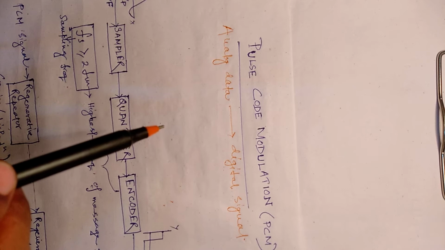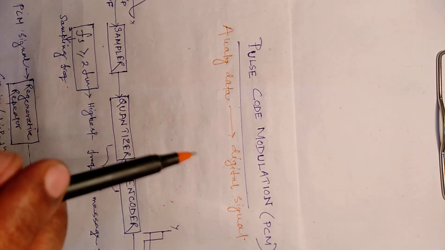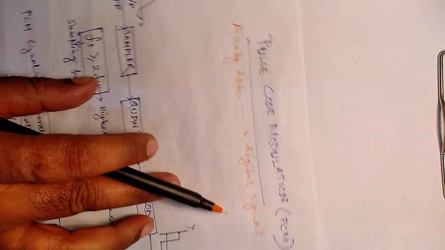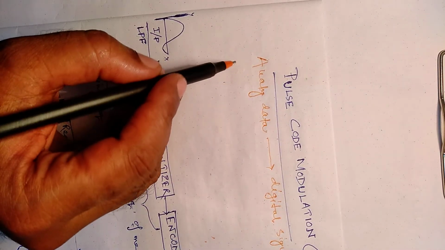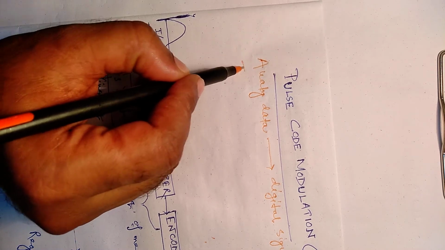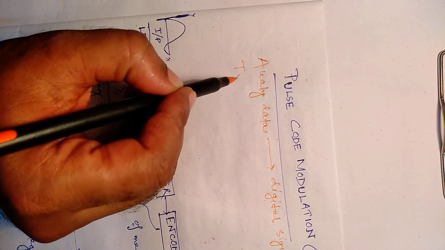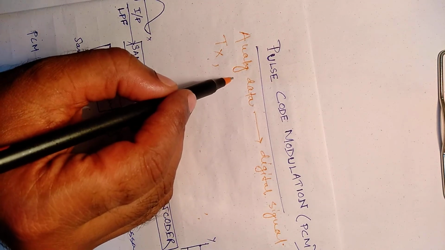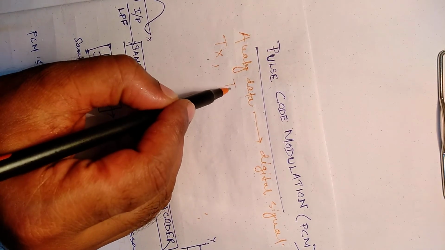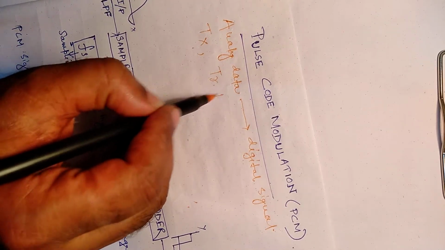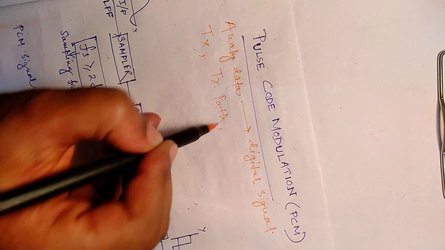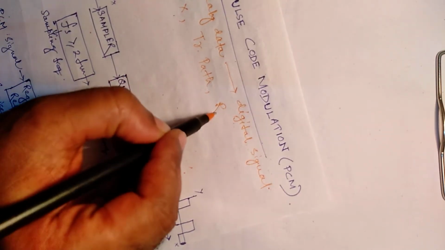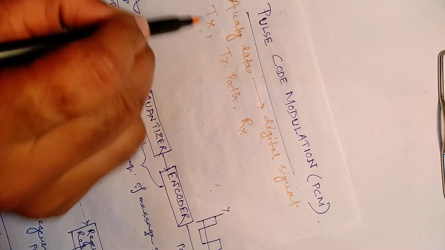So in this case, the main components are: first we need a transmitter, denoted by suppose TX. After that we need a transmission path, and last but not the least we need a receiver. Simple.